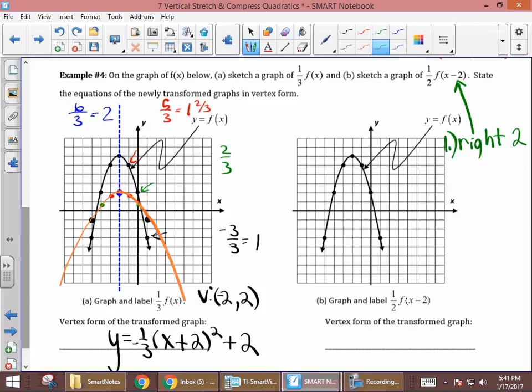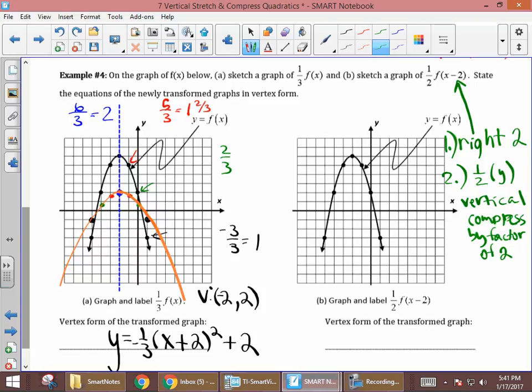So first we move this graph right 2 units, and then multiply the y values by 1/2, which means we have a vertical compression, by a factor of 2. So it's going to be half of what it once was.